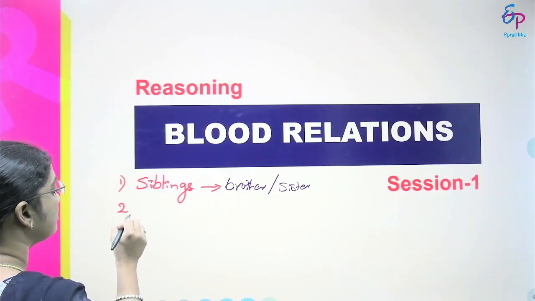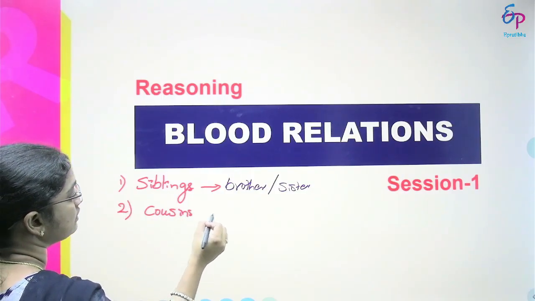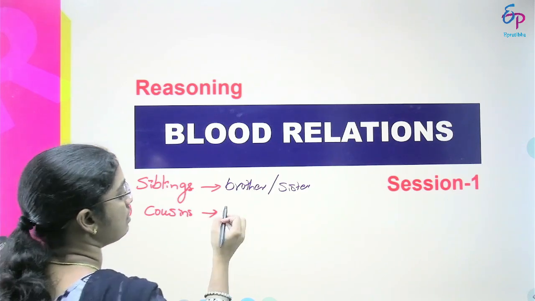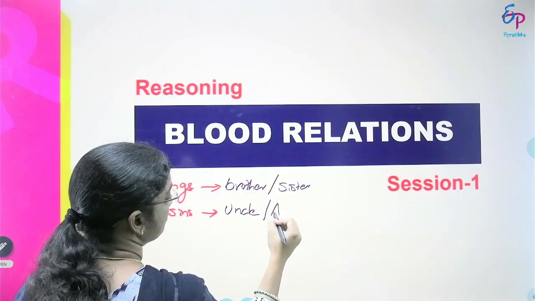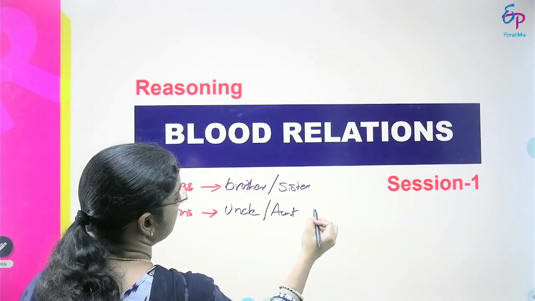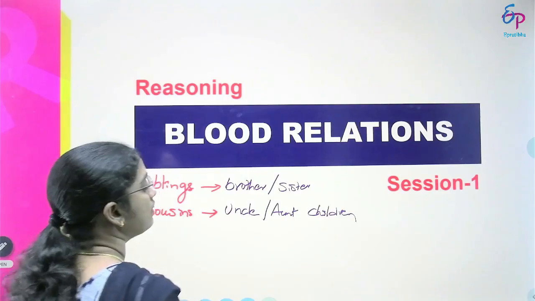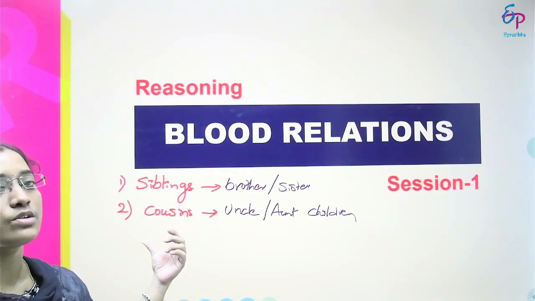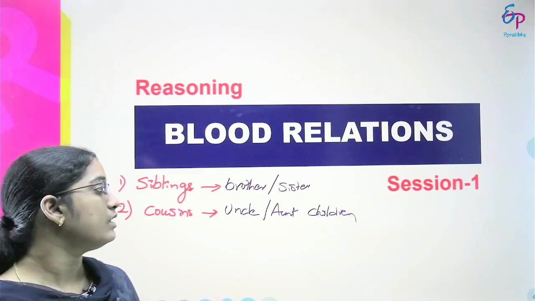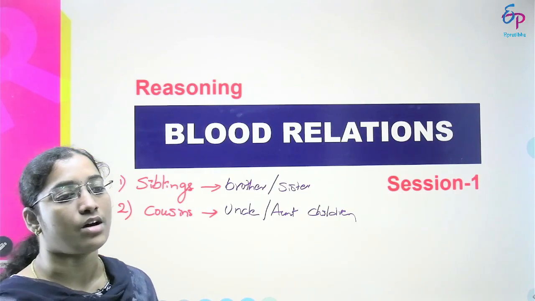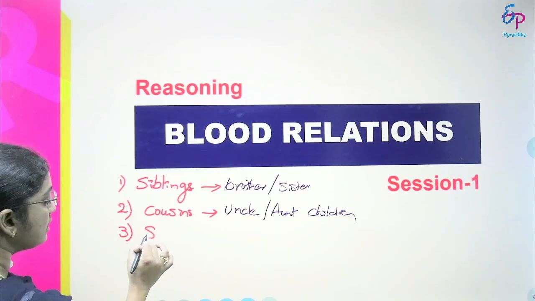Second one is cousins. Our uncle or aunt's children are called cousins, friends. So siblings means brother or sister, and cousins means uncle or aunt's children. Then the third one, spouse.